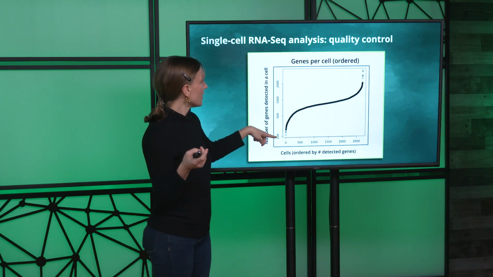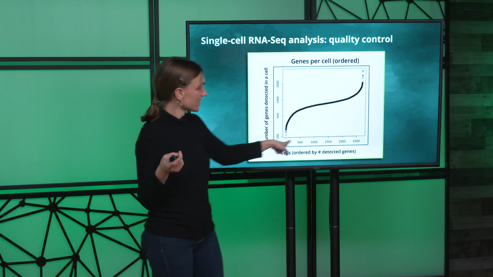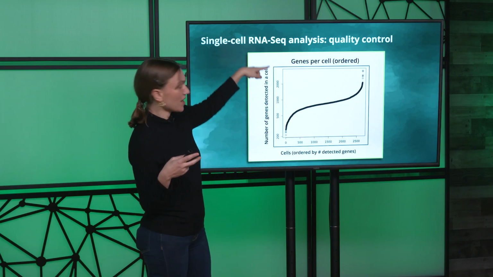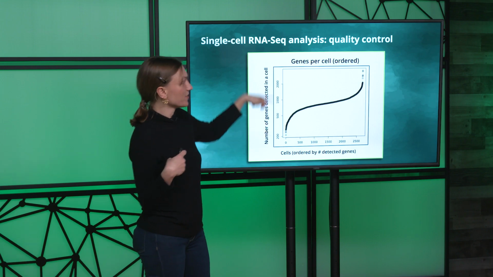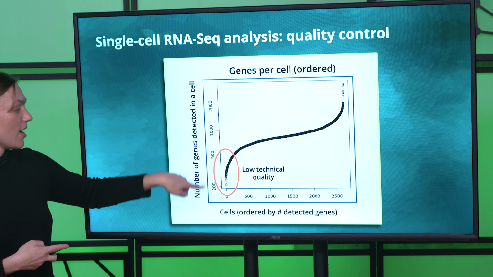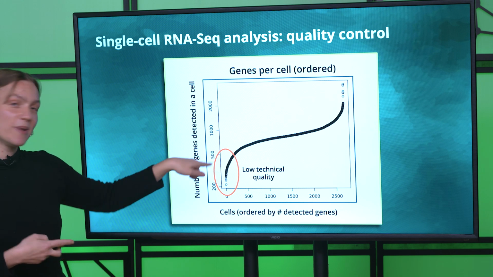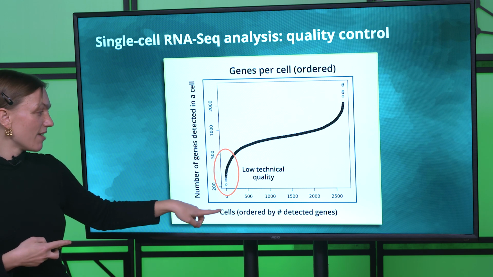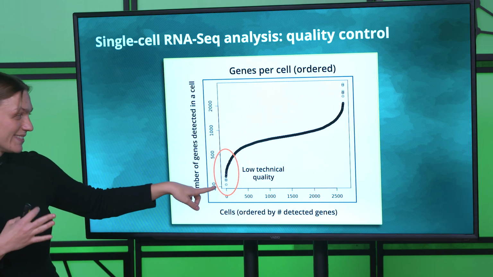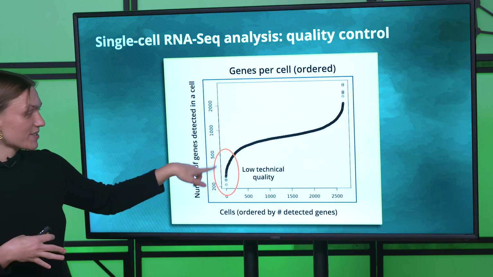On the x-axis is the rank of the cells, and on the y-axis is the number of genes that were detected, so the number of non-zero genes. What we tend to do is remove this lower tail of cells that have too few genes detected, and so are probably not very helpful for downstream analysis.